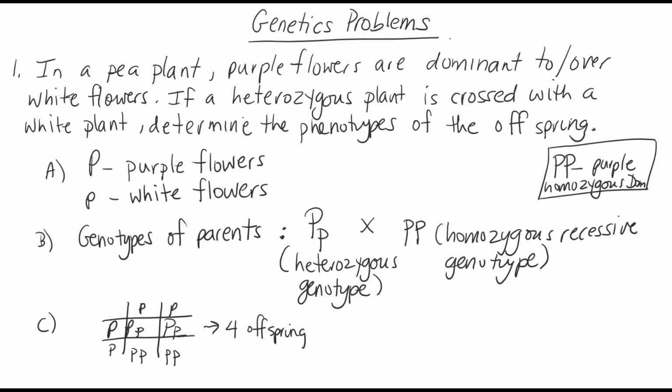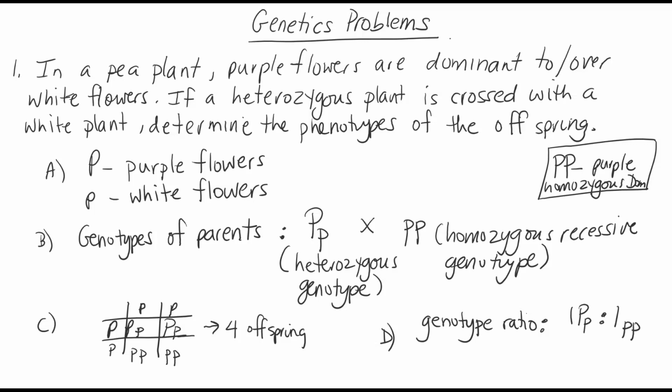Okay, so what we need to do now is, let's just add this to the slide. We're going to summarize the genotypes and the phenotypes of the offspring. So for the genotypes, I'm just going to put a genotype ratio. The genotypic ratio is basically 1 big P small p to 1 small p small p.